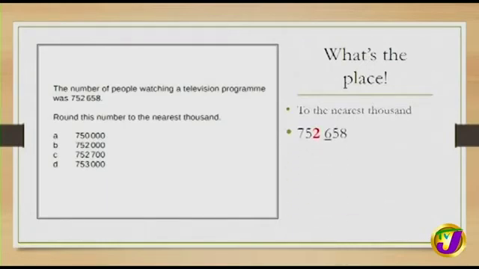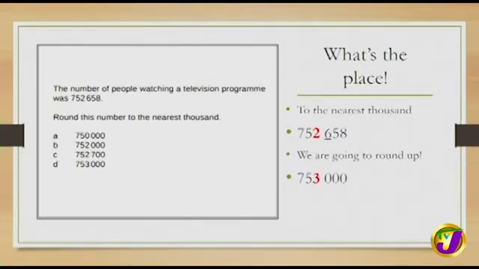So we identify the 2 is in the thousand place. What digit is to the right of it? 6. 6 is greater than 5. We are going to round up, and the number becomes 753,000. So when we round off 752,658, we get 753,000.